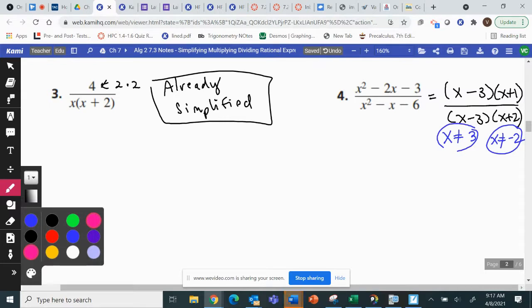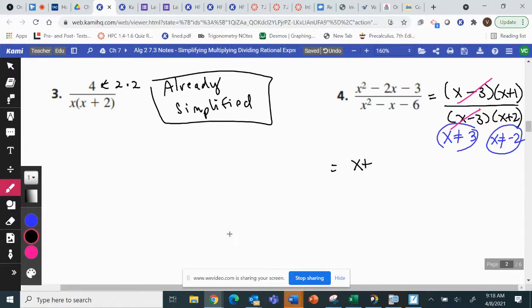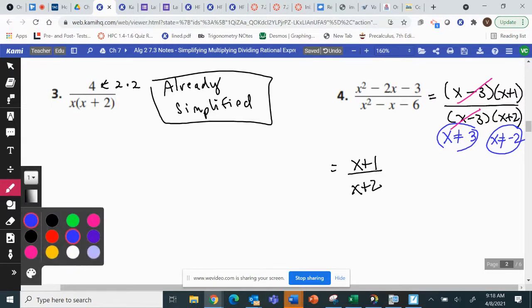What do I do next? Simplify, cancel, right? Cross stuff out. What am I crossing out? The x minus 3s. Good. So now I have x plus 1 over x plus 2. Holland, what do I do now?